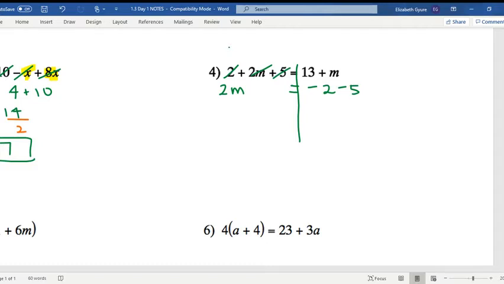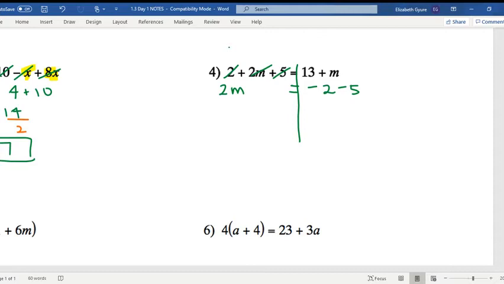Jaden, what else needs to move now? Jaden, you alive in there? Maybe Jaden left us. All right.